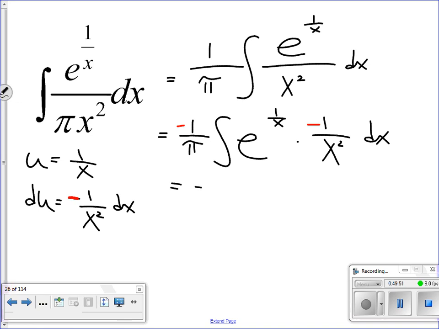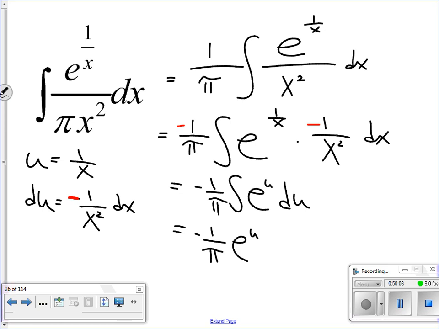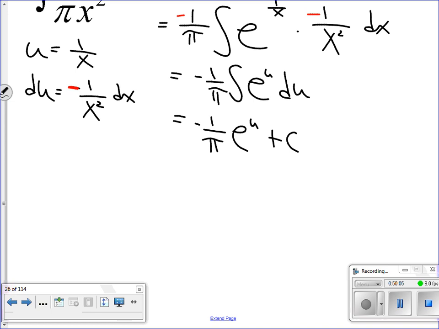So we have negative 1 over pi, the antiderivative of e to the u du. The antiderivative of e to the u is e to the u. And so our final answer is negative 1 over pi times e to the 1 over x plus c.